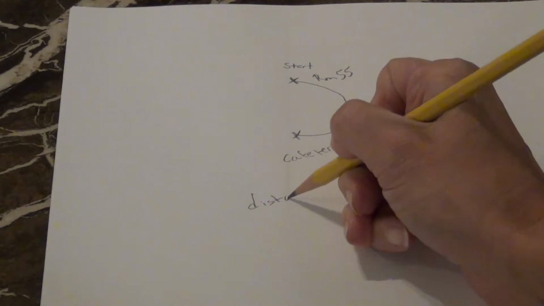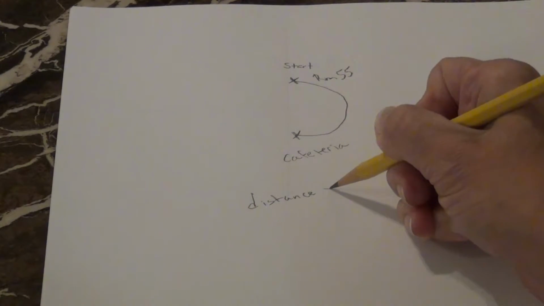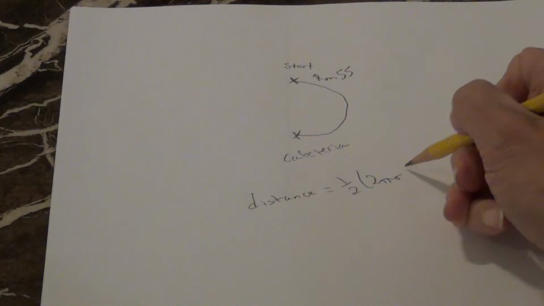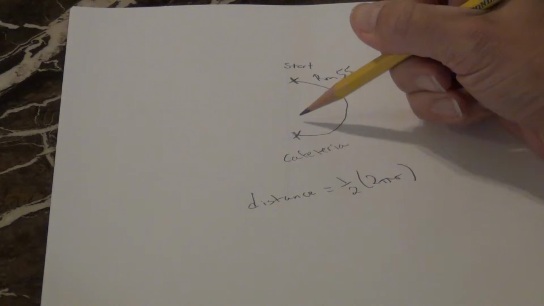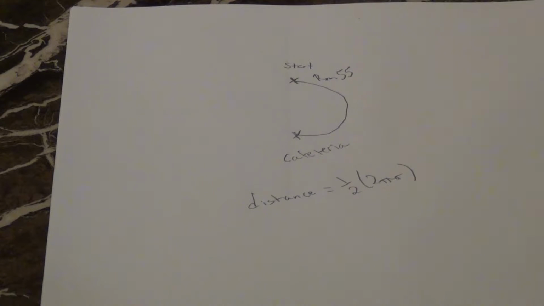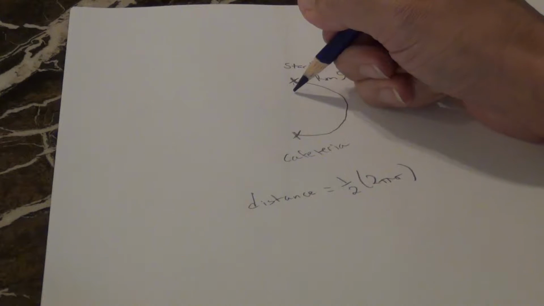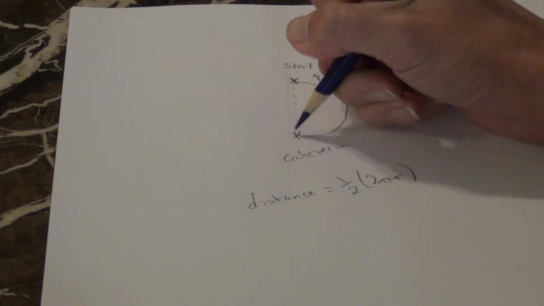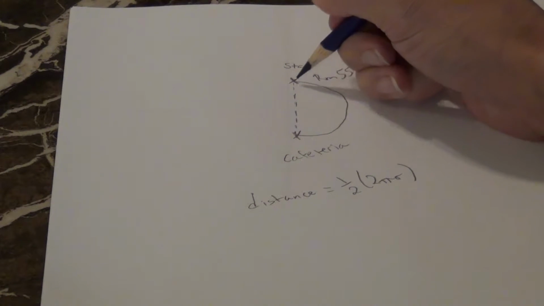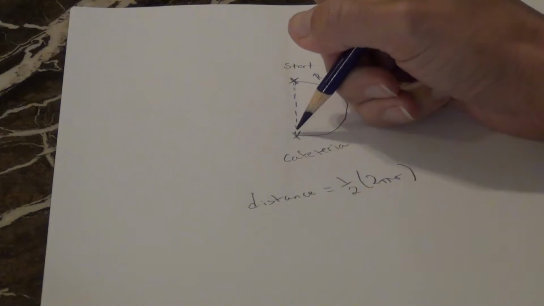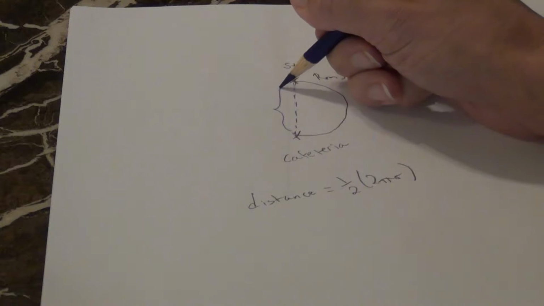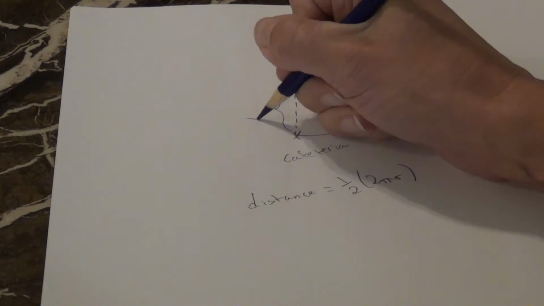So distance equals 1/2 times 2 pi r for this case. But our displacement is just from where we started in a straight line to the cafeteria. Okay, it might be hard to tell in the video, but that's actually purple. So this would be my displacement.